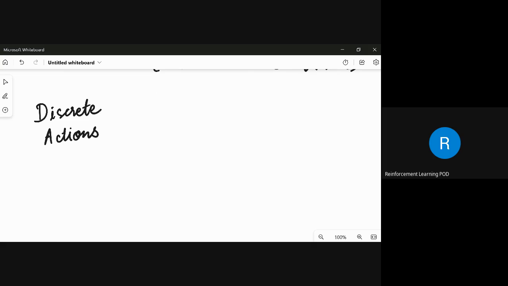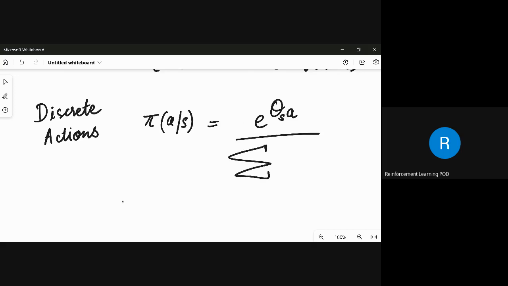One approach could be the softmax approach: pi of a given s could be e raised to the power theta_a^s divided by the summation over b of e raised to theta_b^s.